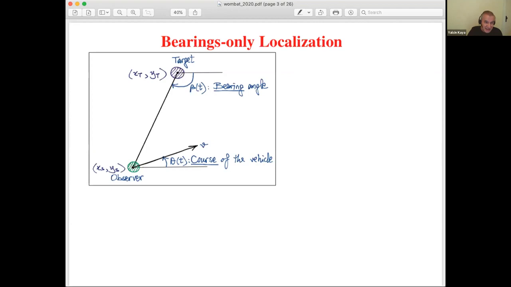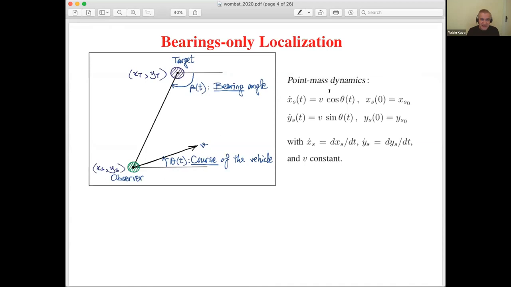The idea here is to determine how this observer should move, because the motion of the observer does affect how you're building up information, so as to decrease the uncertainty about the estimation of the position of the target. The only thing that is measured here is the bearing angle, but of course there is noise in that measurement, and that's what's causing the problems.